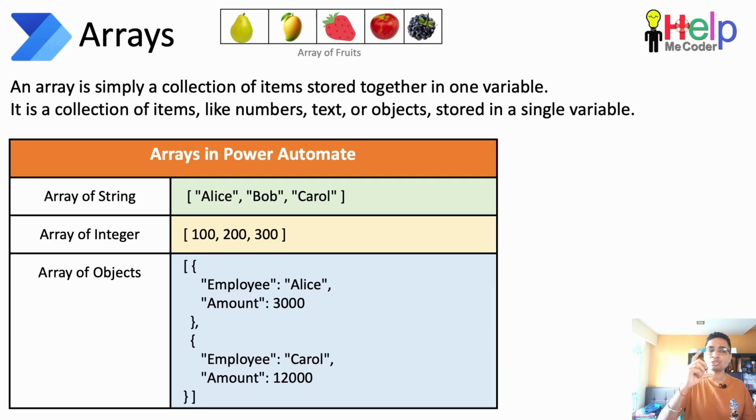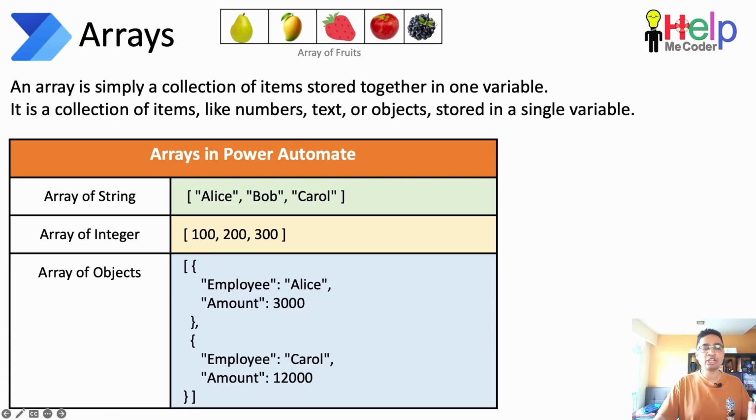All these things talk about one single item, and that is called an object. So this one, employee name Alice, amount 300, is an object. When you are using an array of objects, which is the thing you will be using most often in Power Automate, it means a collection of objects combined together.